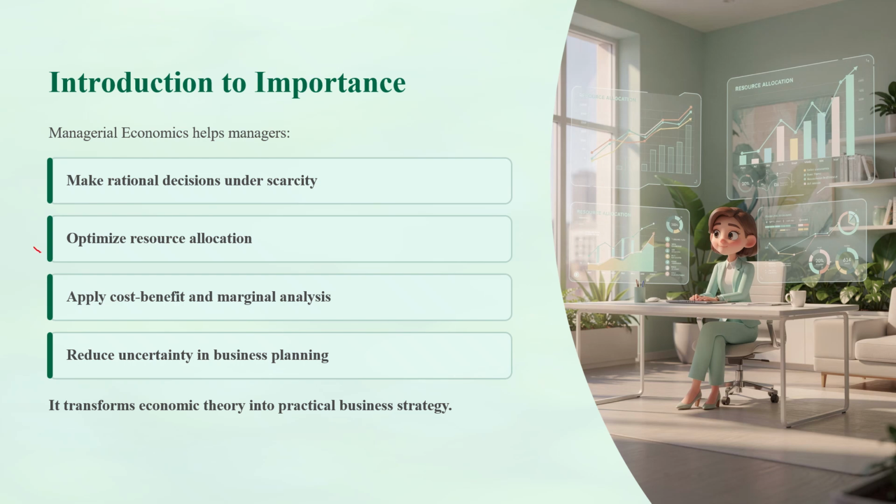Optimization uses resource allocation, because resources have to be used in an optimal way so that profit can be maximized and cost minimized. Apply cost-benefit and marginal analysis. The next one is to reduce uncertainty in business planning. It means managers have to take rational decisions in the business.